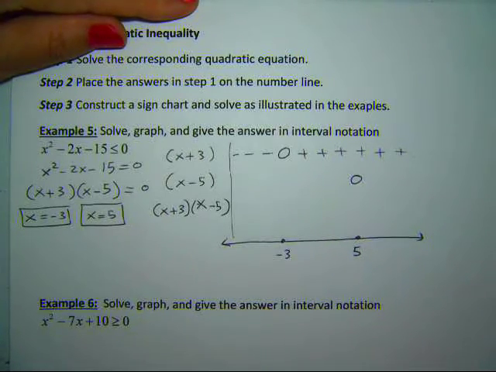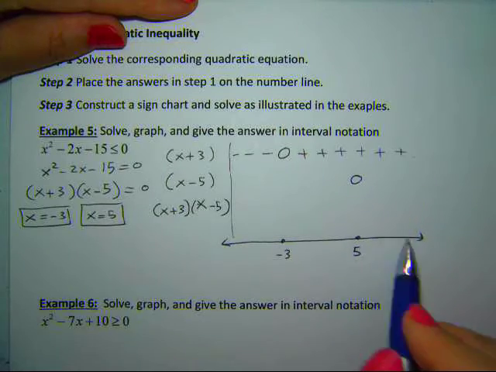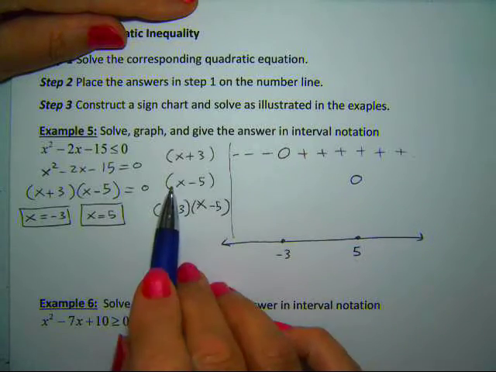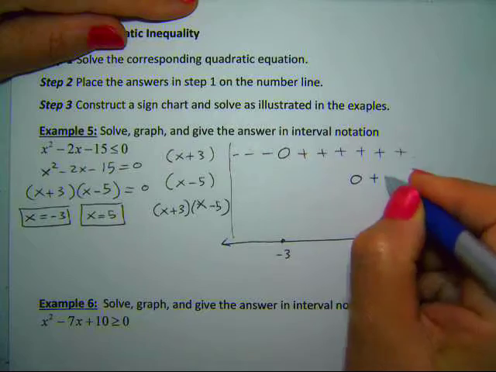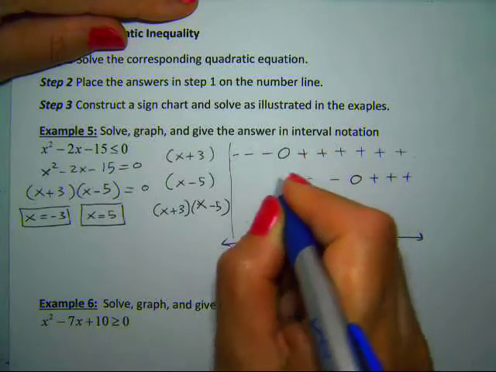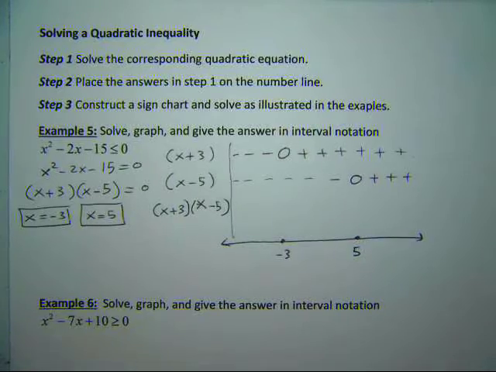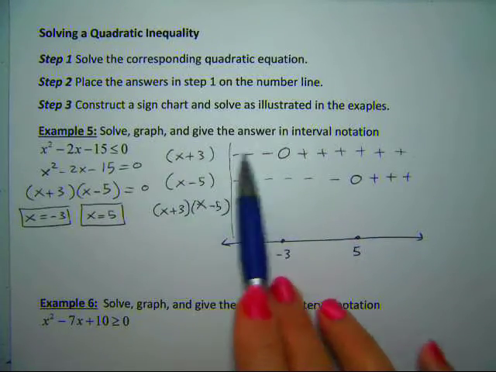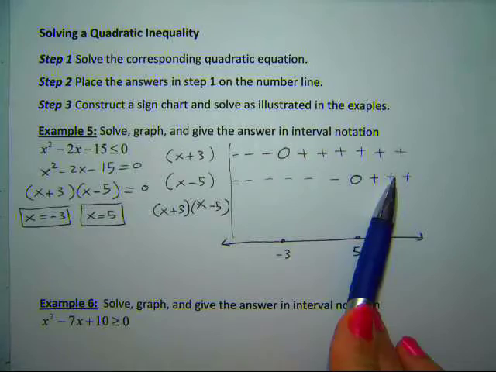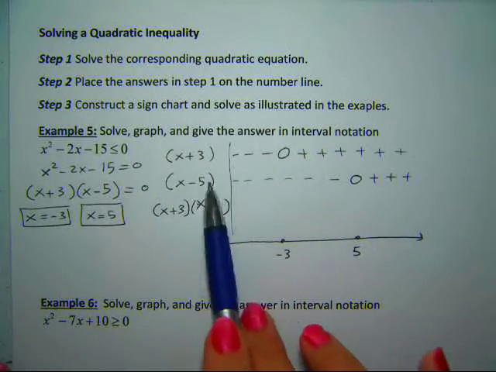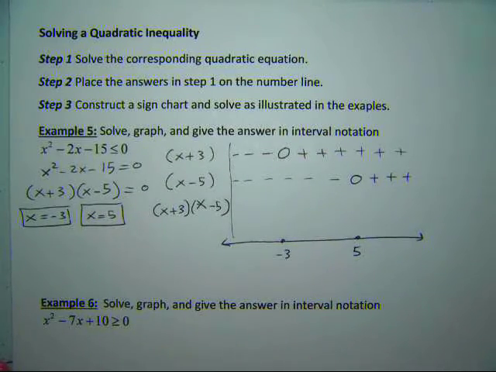Let's use 7 again. 7 is to the right. 7 minus 5 is positive. That means there's positive to the right, negative to the left. Okay, so we tested to see when each factor is positive, negative, or 0.